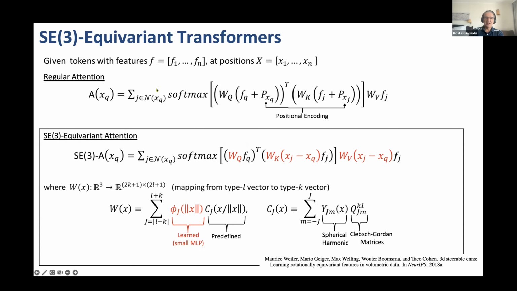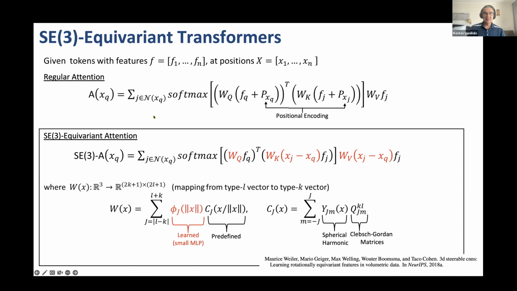And one can show, and the basics are explained quite well also in Erik Bekkers' lectures, that we can construct these W matrices as a linear combination of these C_J matrices with coefficients that are learned with a very small MLP and depend on the norm of the difference of the vectors in the neighborhood.